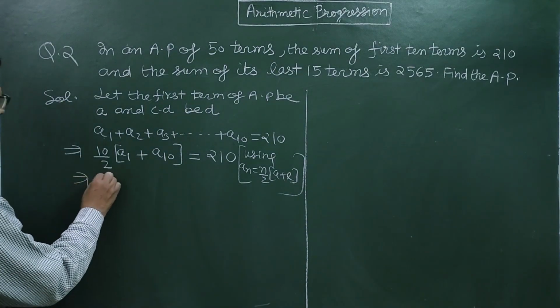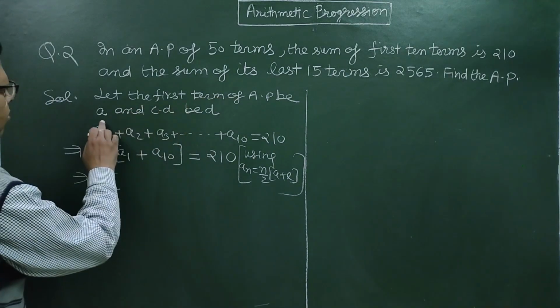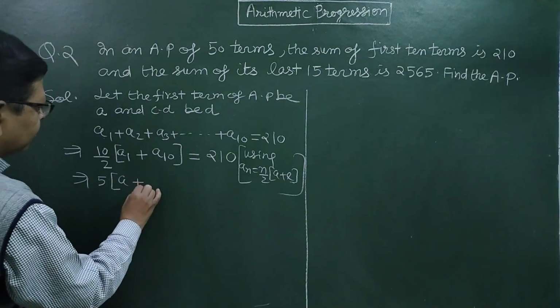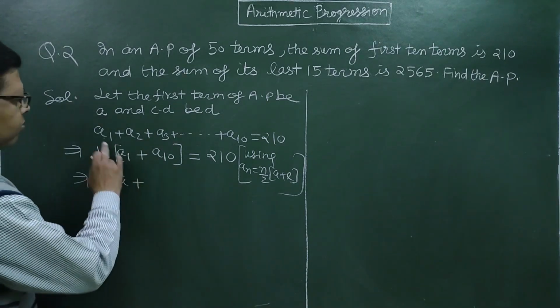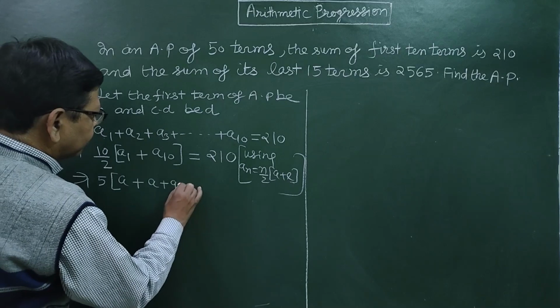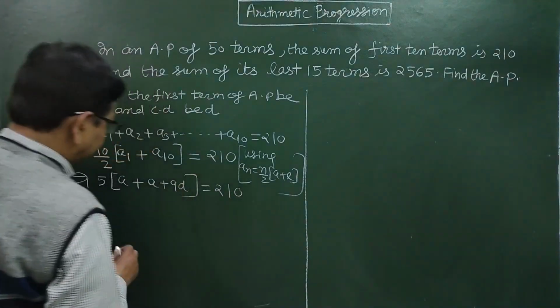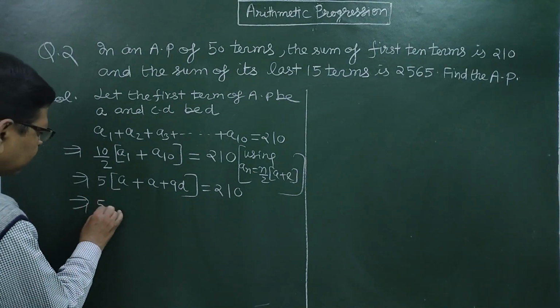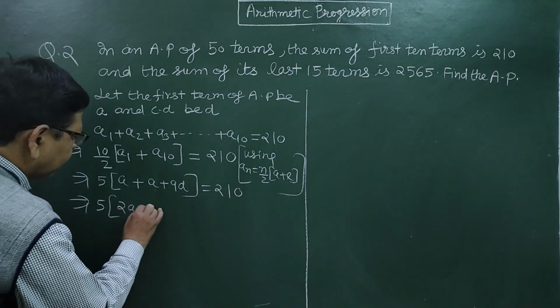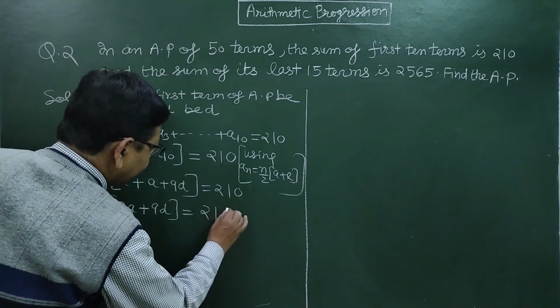Now 10 upon 2 is 5 into the first term A plus the 10th term of this AP, which will be A plus 10 minus 1 into D, that is 9D. A plus 9D is equal to 210. So 5 into (2A plus 9D) is equal to 210.